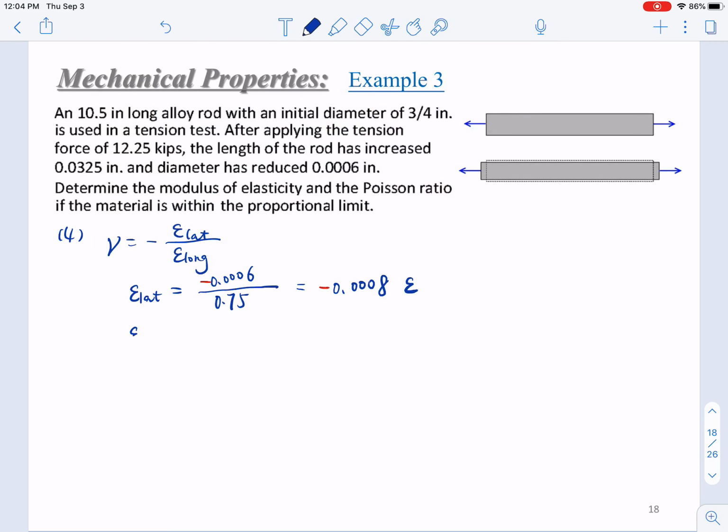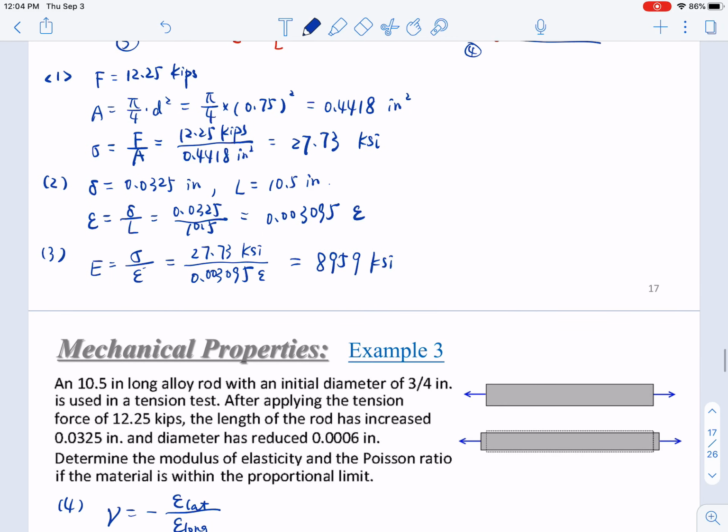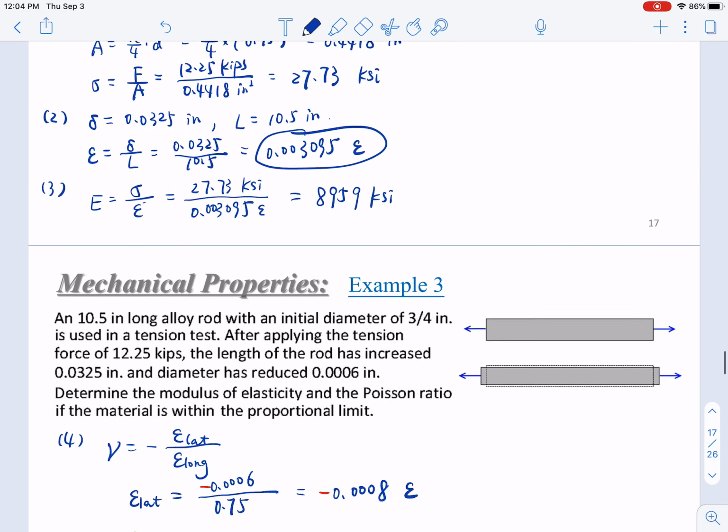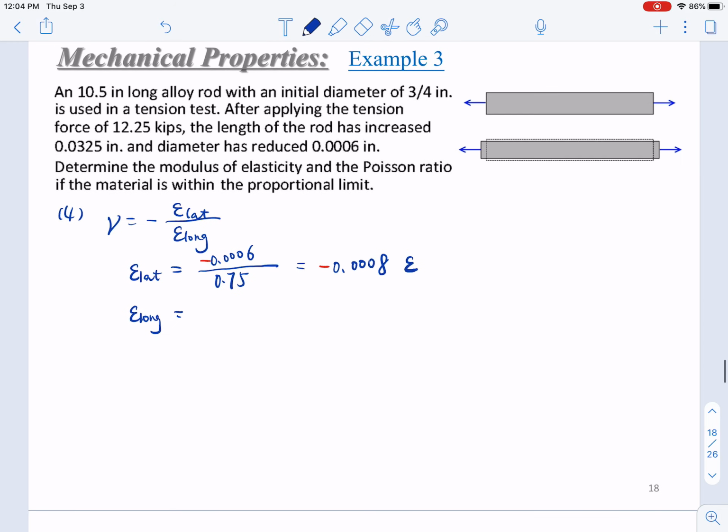Then the longitudinal strain is what we have calculated, it's here, 0.003095. So this nu can be calculated. Don't forget the negative sign, okay?